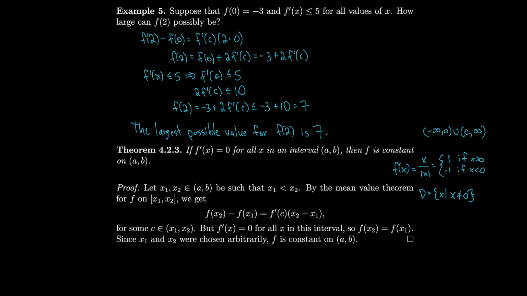So if they equal 0, you can add this guy to both sides and get that they equal each other. So that means that any two y values will be equal to each other, because we chose x1 and x2 completely arbitrarily. So if any y values are equal to each other, then that means that all the y values are equal to each other. So f is constant on the entire interval.